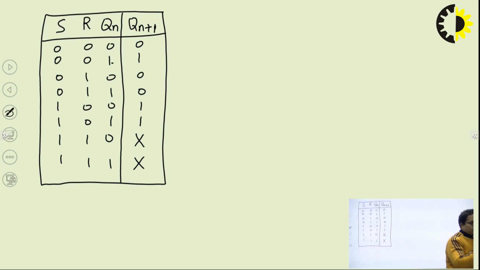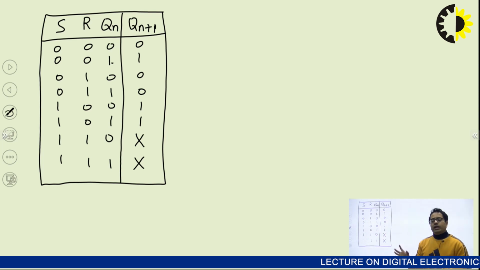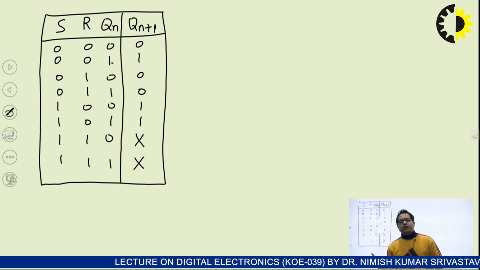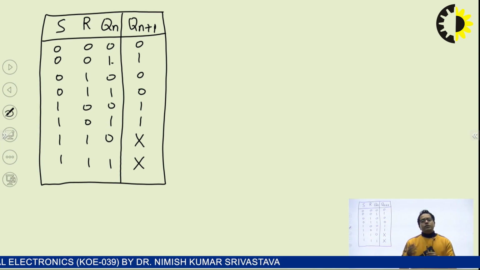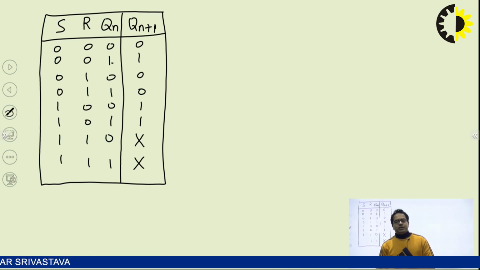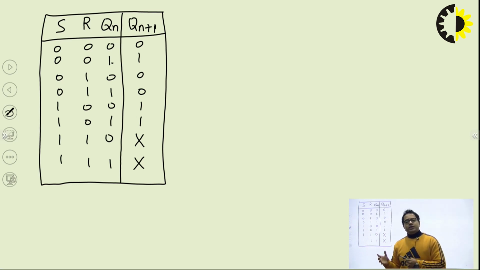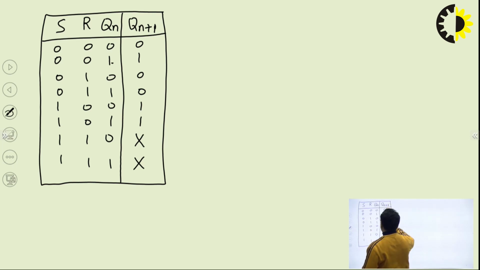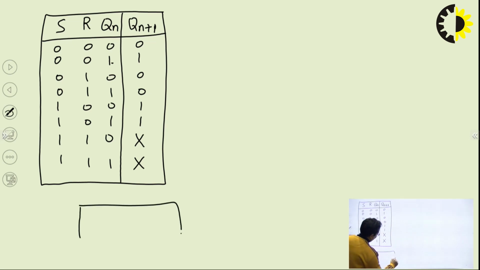Now once we have the characteristic table, the next point is that we have to write the output equation, also called the characteristic equation. So how can that characteristic equation be drawn? It can be drawn by visualizing the output. So we take the help of a K-map.